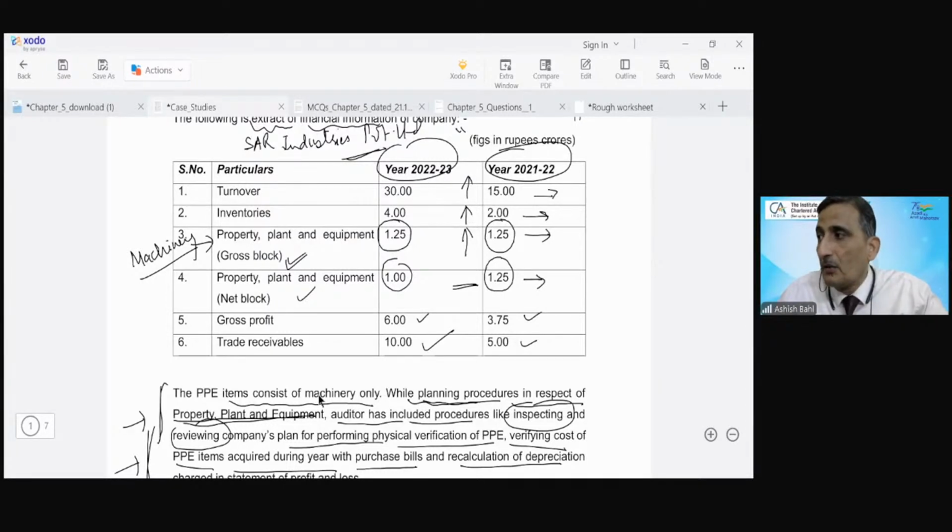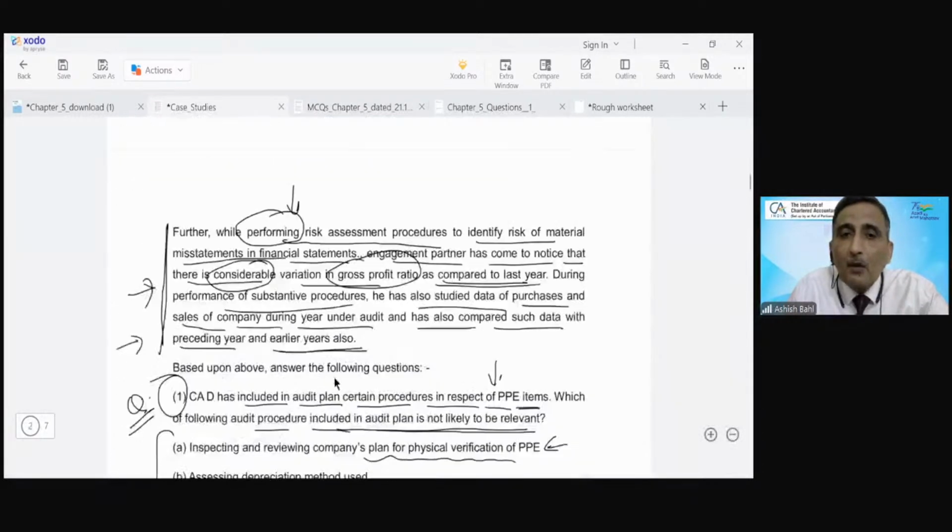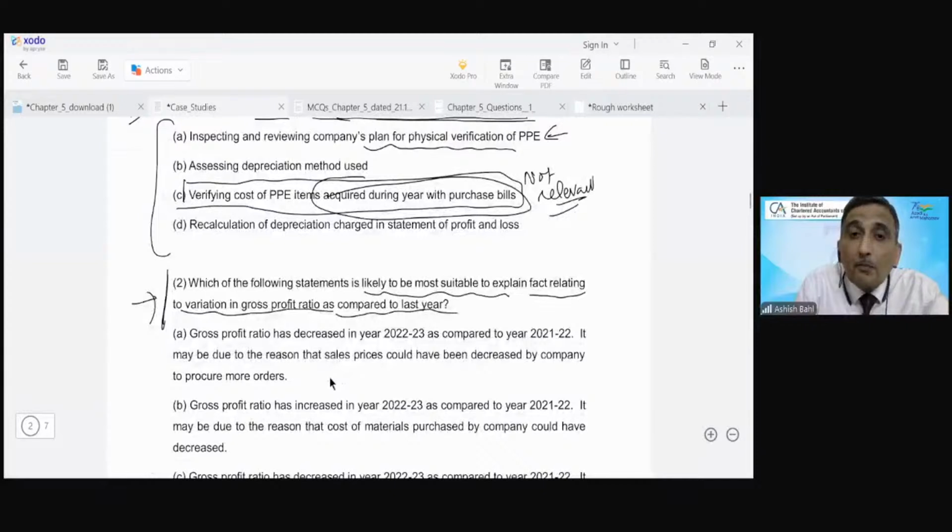Yes, Pranav, you are saying gross profit ratio is gross profit by turnover. So remember, students, here gross profit is given, whereas the question is asking about gross profit ratio. The two are different things. What is the formula for calculating gross profit ratio?